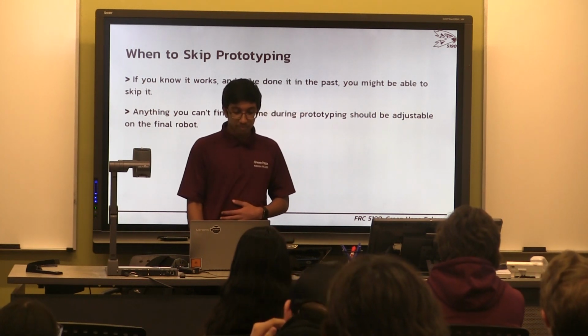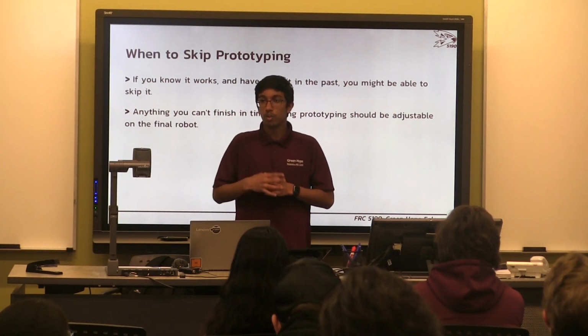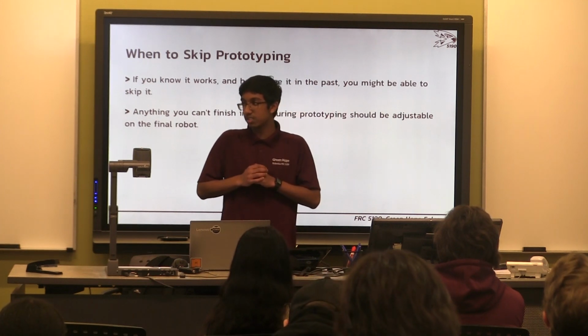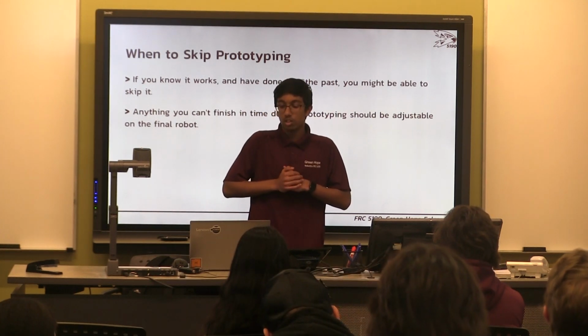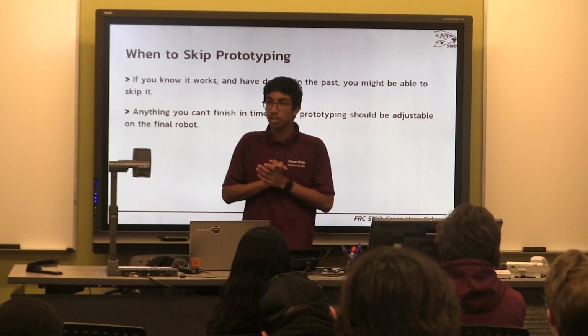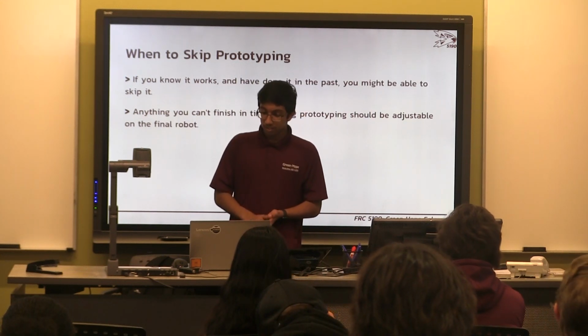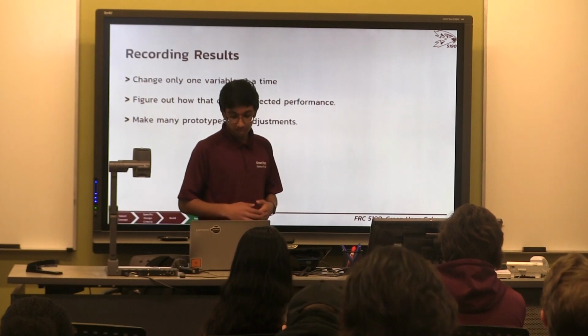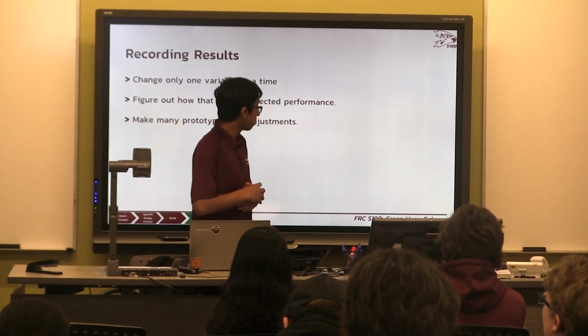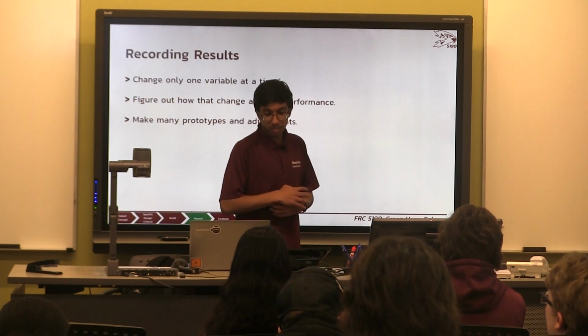And I know we don't have a bag and tag this year, but if you don't finish a mechanism, you still want to leave something on your race robot just in case you don't end up finishing it.